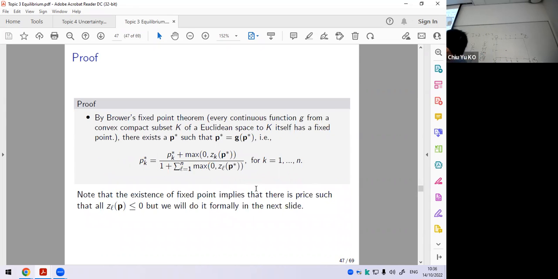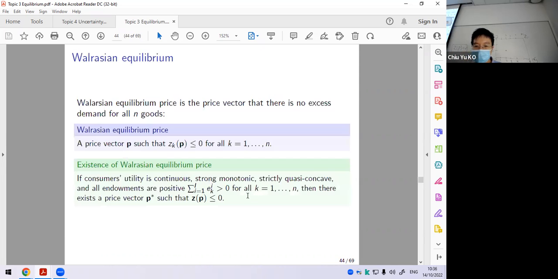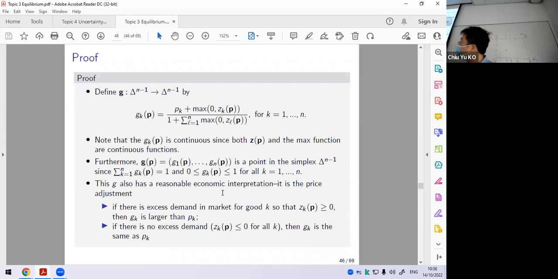It's just like you try to construct some adjustment function and see if the fixed point theorem applies. And then you go back to see if you can make that happen, because at the end of the day, what we want to prove is that the excess demand is non-positive. So the way we do it is to figure out a p such that some adjustment process at the end will lead to what we want.